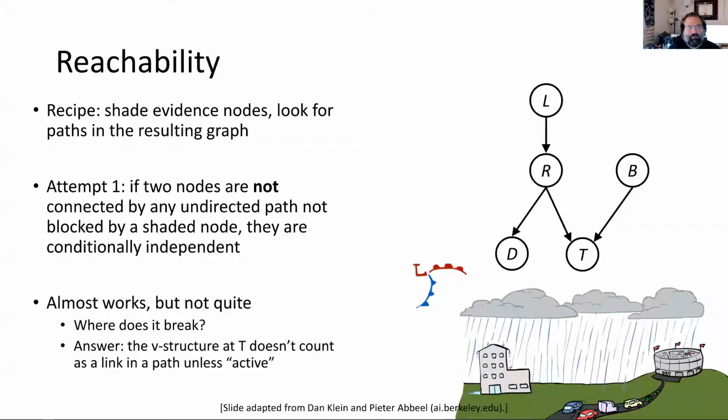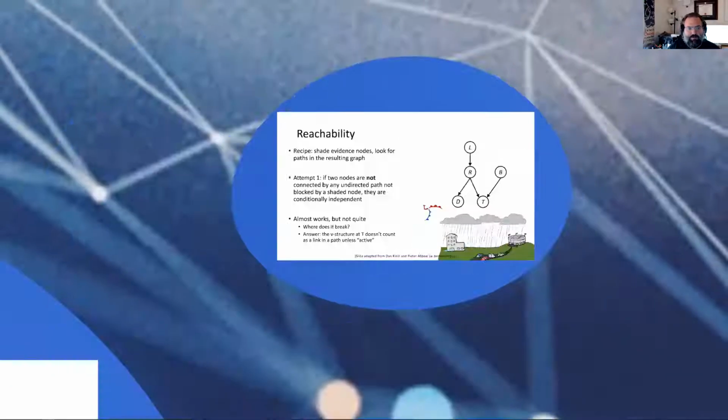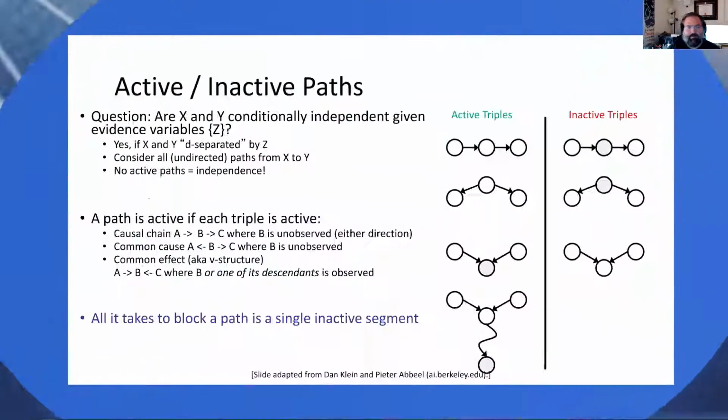If two nodes are not connected by any undirected path not blocked by a shaded node, they are conditionally independent. So basically, you can figure out, given the direction that you can go, that some things might be independent or not. So it almost works, but not quite. Where does it break? And the answer is the V structure at T doesn't count as a link in a path unless active. So basically, we're showing here that it's potentially helpful, but doesn't always get there.